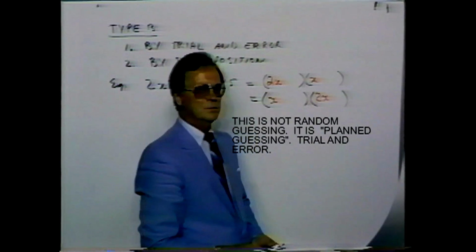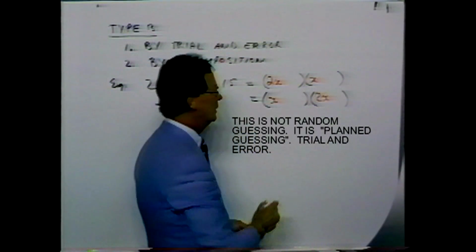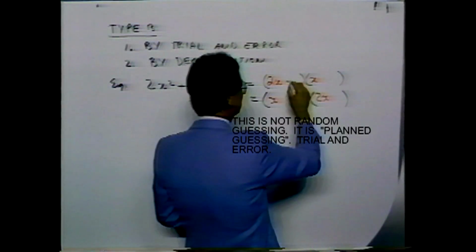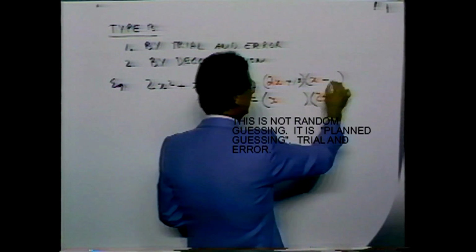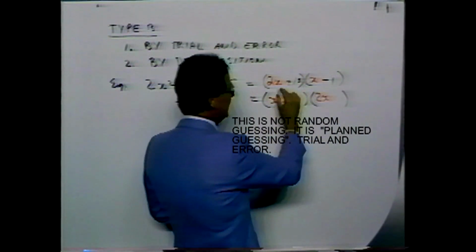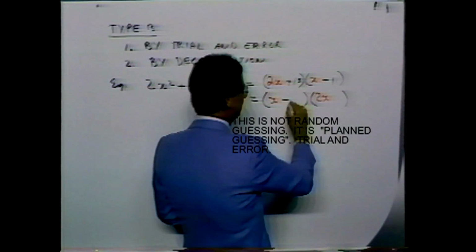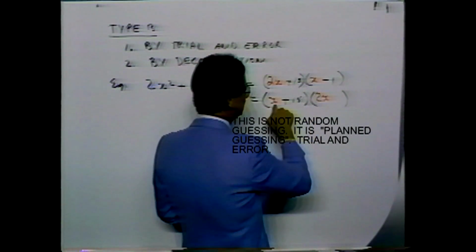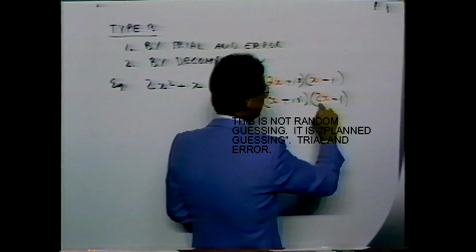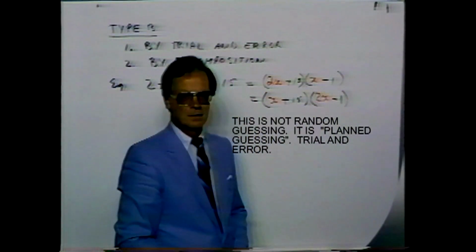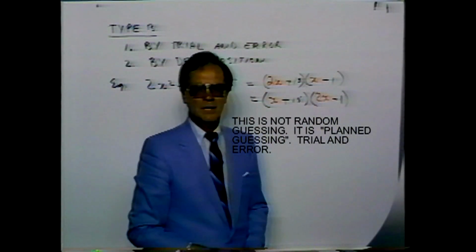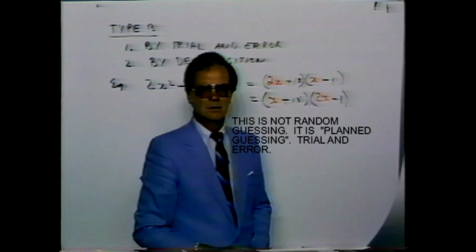Minus 15 can be obtained by taking plus 15 and multiplying it by minus 1. Now, that would not be the same as having plus 15 next to the x and minus 1 next to the 2x. So you can see that what we're engaged in here is sort of a trial and error process.